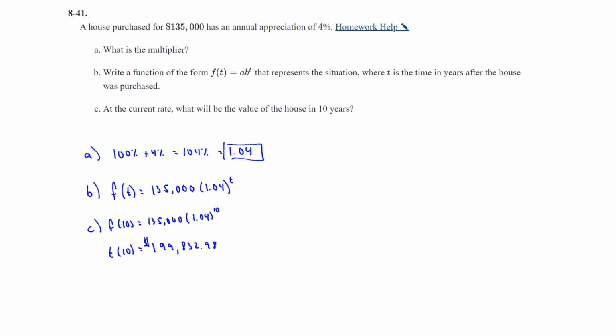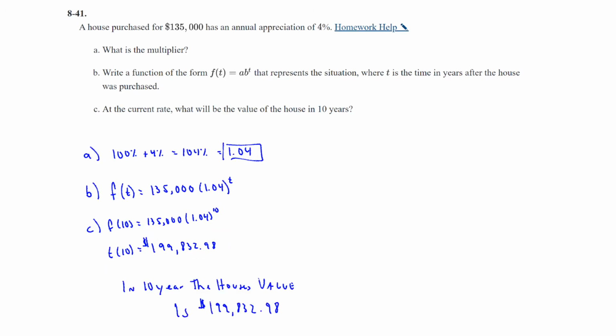So in 10 years, that's what the house will be valued at. And so make sure that you answer the question in Part C, which wants to know the value of the house in 10 years. So I kind of rewrote it to make sure we were answering the question.